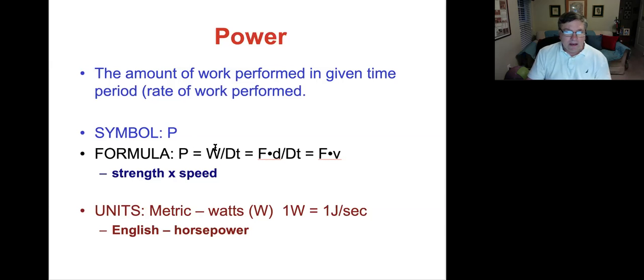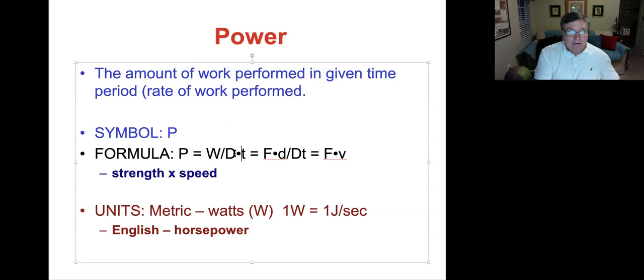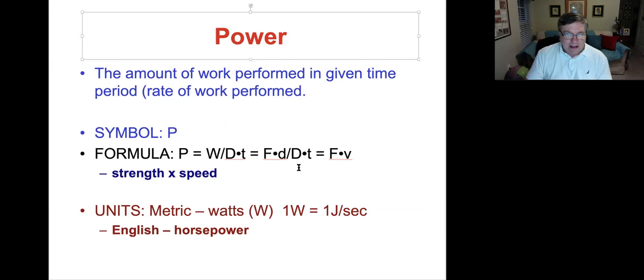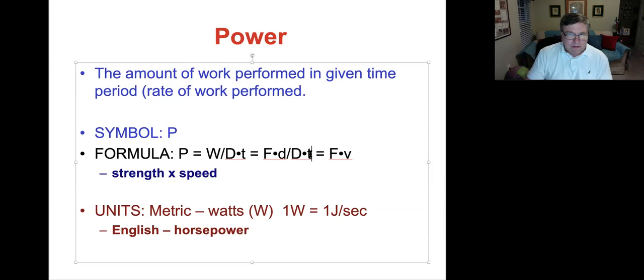So we get P. Remember, we've got work divided by distance times time. Gonna improve that. There we go. Oops. I'm editing as I go.